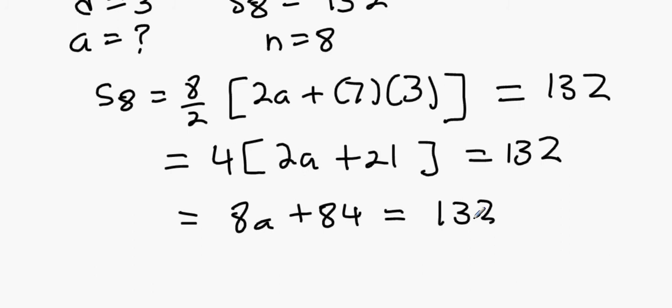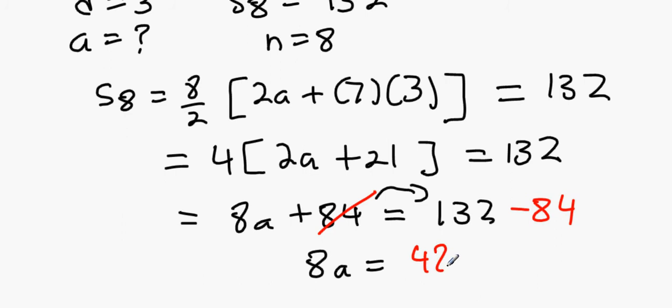Bring the 84 over to the other side, and it becomes minus 84. 132 minus 84 is 48. So 8a must be equal to 48. Therefore a equals 48 divided by 8. a must therefore be equal to 6. So a equals 6.